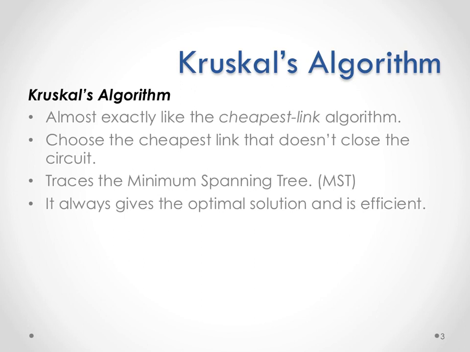It is very efficient because you're only picking those things that you need, and it is optimal because you will always pick the smallest possible numbers. These are things you should know about the algorithm. It gives optimal and is efficient, and remember, the minimum spanning tree is the optimal solution.